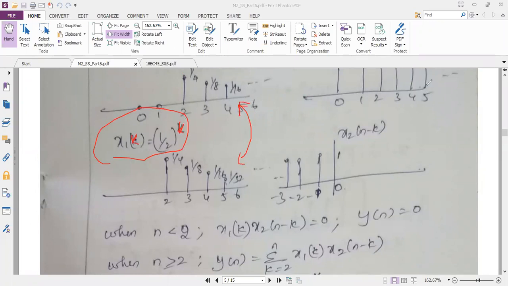Whereas for the next diagram, I have to change the diagram itself, because the earlier diagram was just x2 of n. But here I want x2 of n minus k as per the formula, the shifted version. You know how to do the shifting. If it is the positive x-axis, you have to take the values at the negative x-axis. So that is the shifting x2 of n minus k operation.